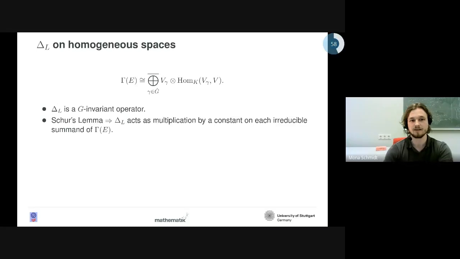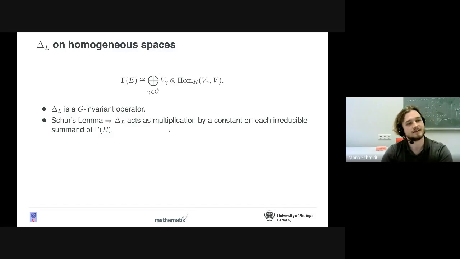So this means by Schur's lemma that on each irreducible summand, so we can imagine it as a sum like V gamma plus V gamma plus V gamma, and then V gamma prime plus V gamma prime, and so on, on each of these irreducible summands, it acts as multiplication with a constant. So we have to keep in mind that these summands here occur with a multiplicity.